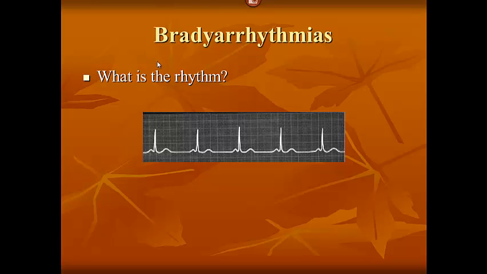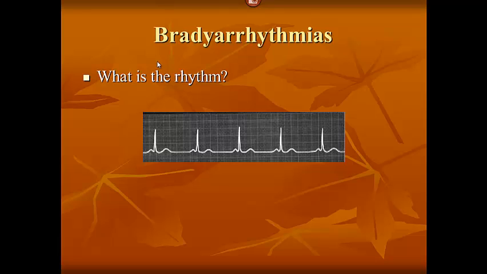Now, the next step would be to determine the rhythm. The rhythm is either a sinus rhythm or non-sinus rhythm. Sinus rhythm refers to the origination of the electrical activity coming from the sinus node or SA node.